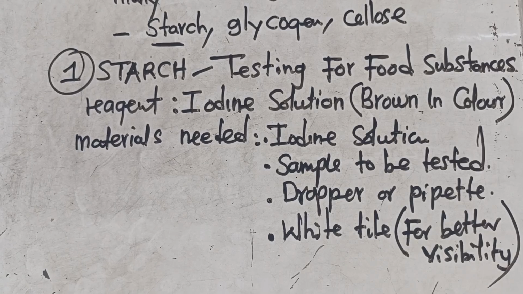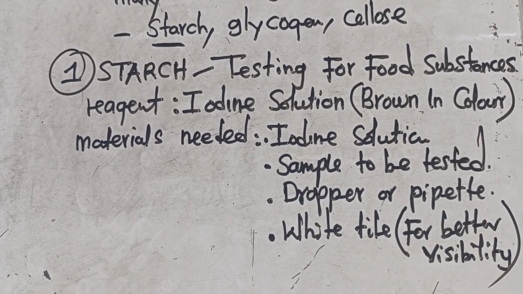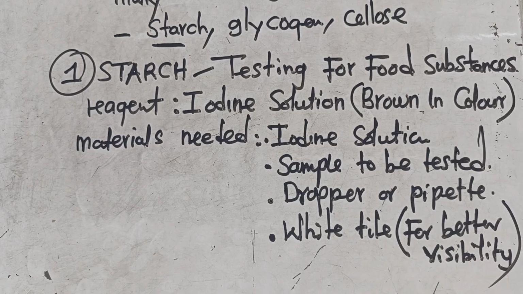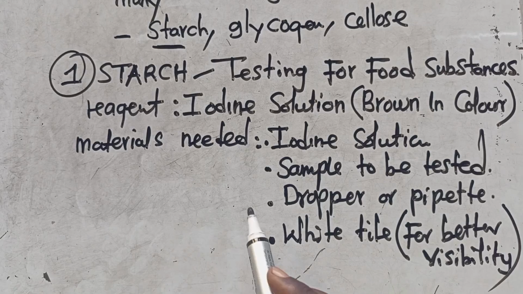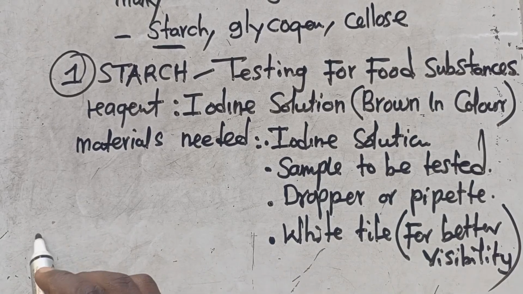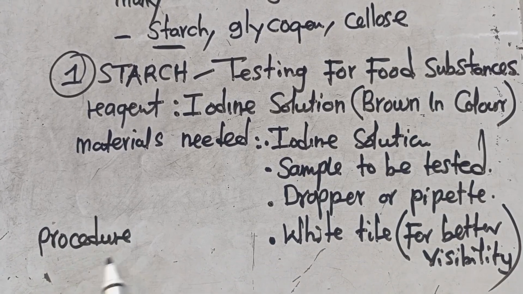Then the procedure that you need to do. The first part is the preparation. So this is the materials needed, then we move to procedure. You are writing down these things so that you are able to revise.